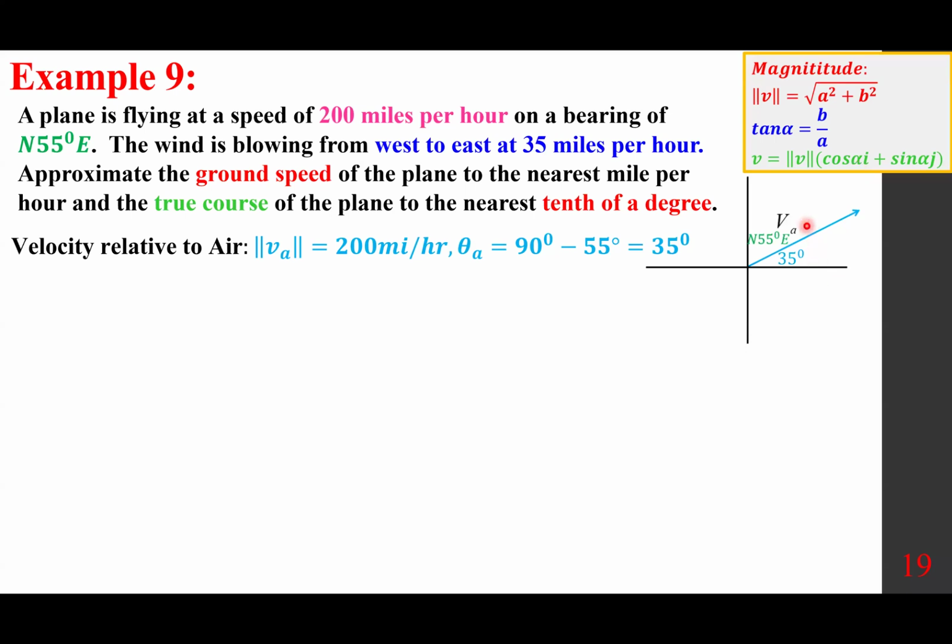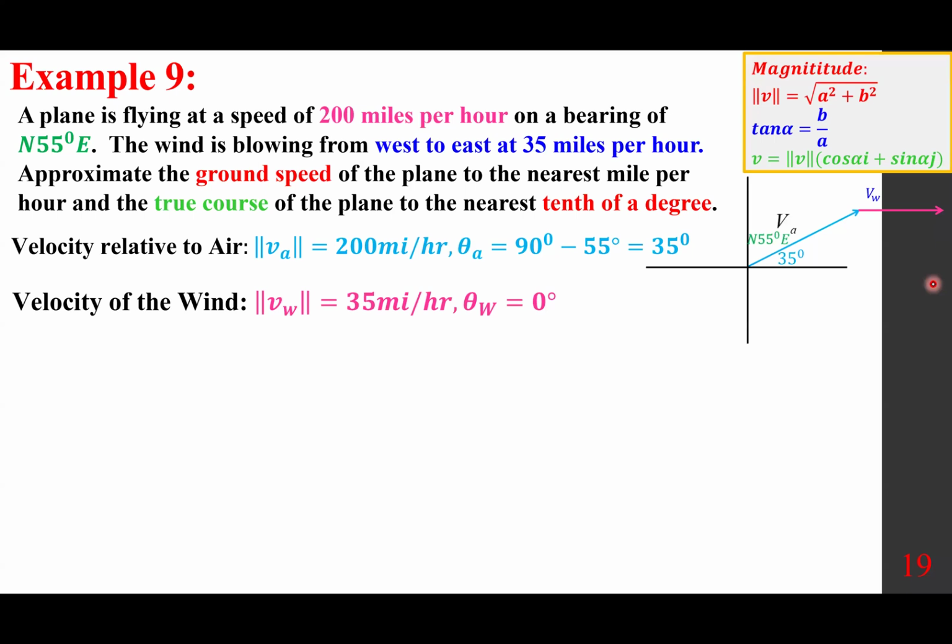Remember the positive angle from the positive side of the x-axis, 35 degrees. And the wind is going this way because it's going from west to east at 35 miles per hour. So the speed or magnitude is 35 miles per hour. And the angle, because it's parallel to this one, is 0, right? This makes no angle, so 0 degrees.